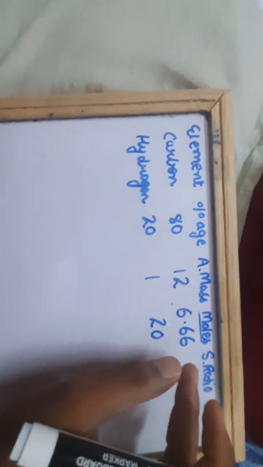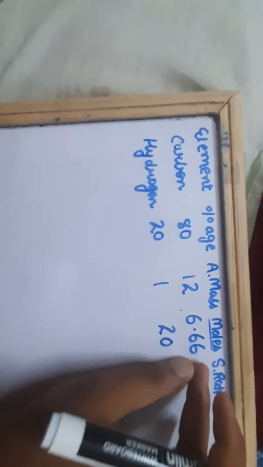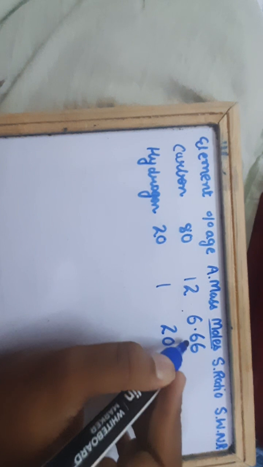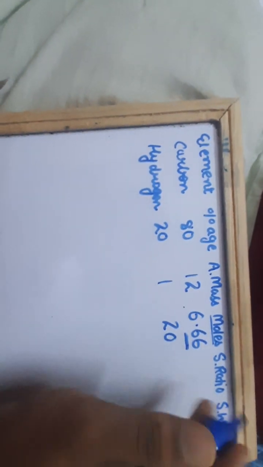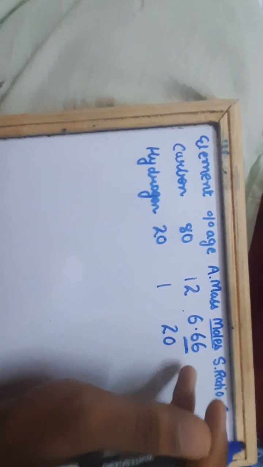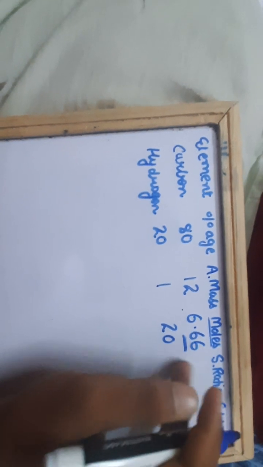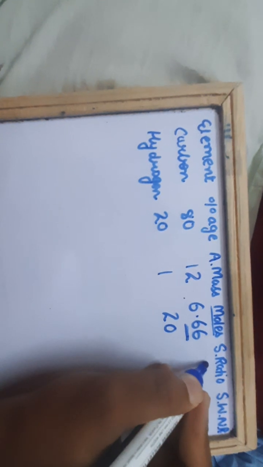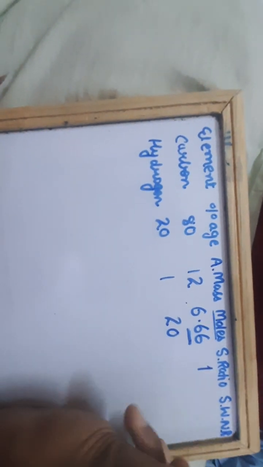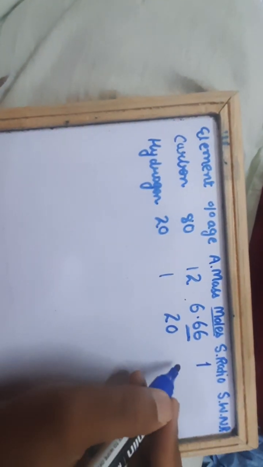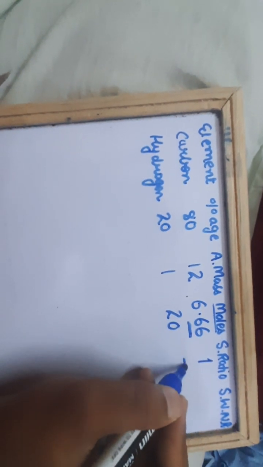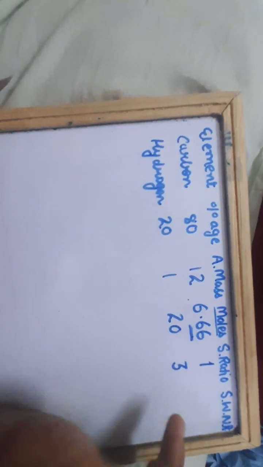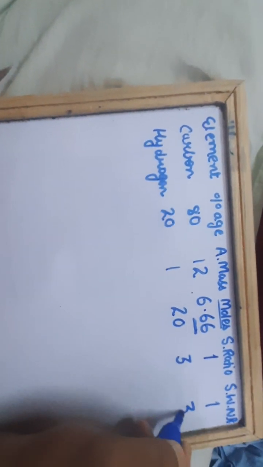Now the smaller number of moles will be used to divide both, and the smaller is this one. If divided here, it gives us 1. If divided here, it gives us 3. Now the simple whole number ratio gives us 1 to 3.